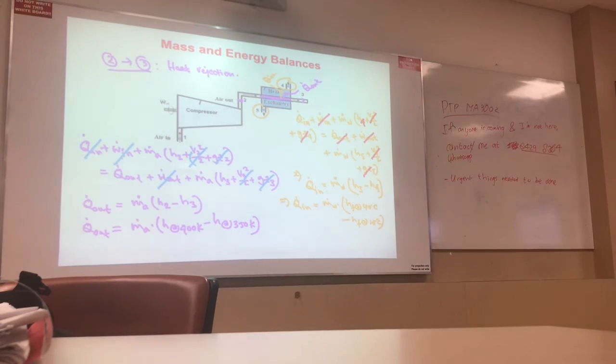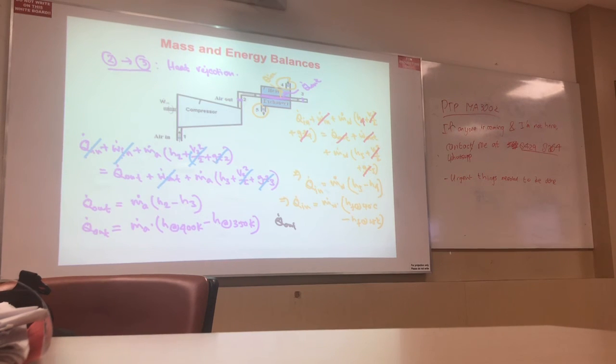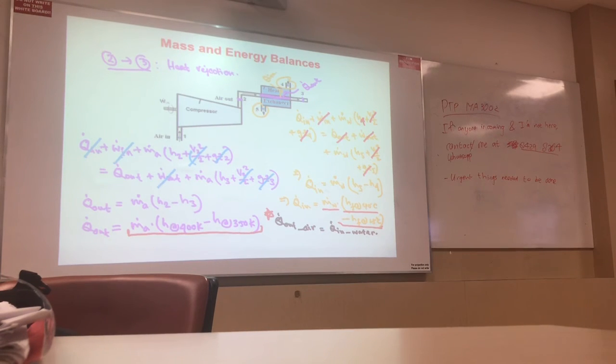So what you can see from here is Q dot out from here is equivalent to Q dot in water. Then I can say m dot water times this value is equivalent to m dot air times this value.